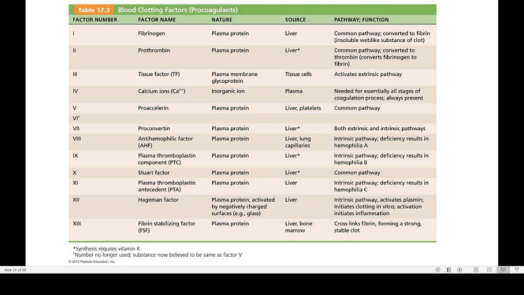PTC and PTA are two different terms. One is antecedent, one is thromboplastin component, and there is also the anti-hemophilic factor, which is the eighth factor. So these are the different clotting factors or proteins which are playing a role in the clotting process caused by the intrinsic pathway.